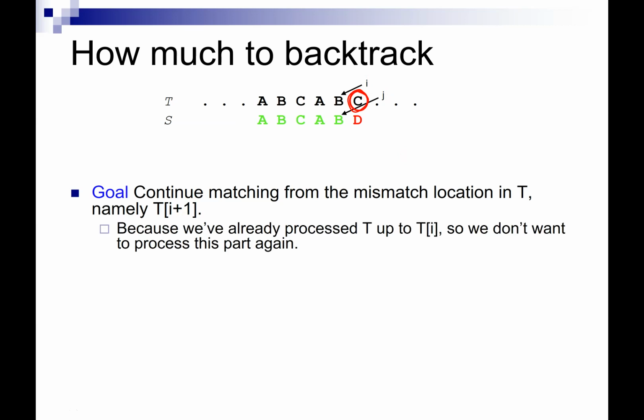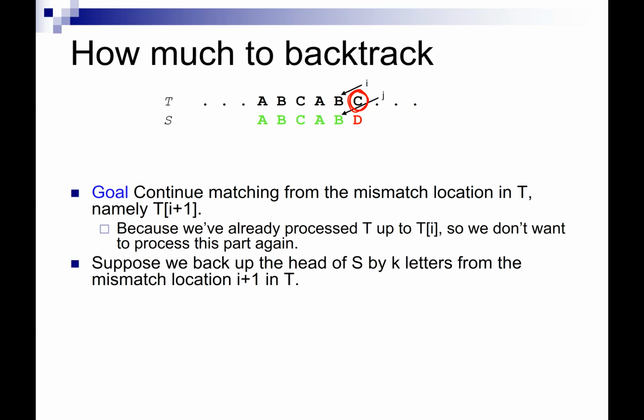The reason you want to continue matching from location T I plus 1 is because we've already processed T up to the ith letter, and we don't want to redo any of that work if possible. So we just continue with the next letter of T, but potentially we need to back up S by some number of letters.